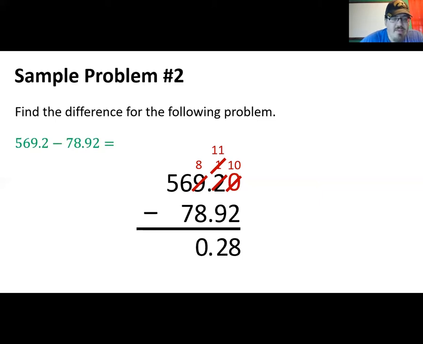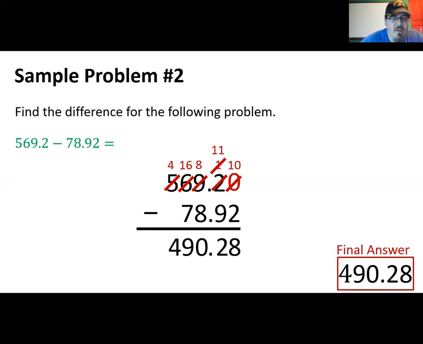I can't take the 7 away from the 6, so again, I'm going to borrow. 5 becomes a 4, and then the 6 becomes a 16. 16 minus 7 is 9. 4 minus 0, since there's nothing there, 4 minus 0 is 4. And there we go. There's our answer, 490 and 28 hundredths.